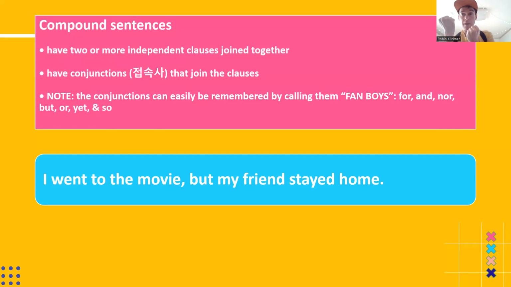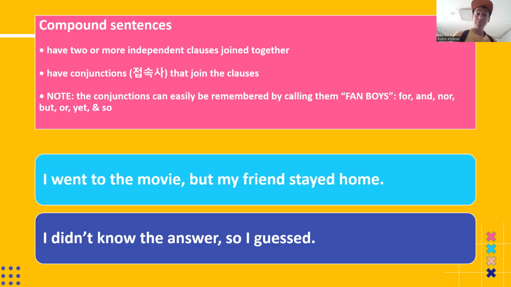I went to the movie, but my friend stayed home. So this is a compound sentence. So we're taking 2 independent clauses, combining them using fanboys. For, and, nor, but, or, yet, so. So fanboys, it's like the glue. We're combining 2 things, 2 complete thoughts.